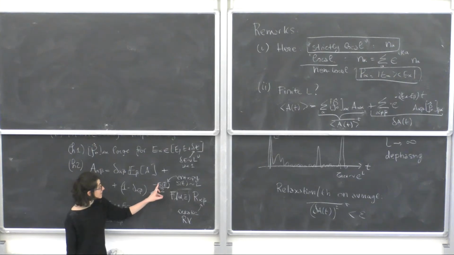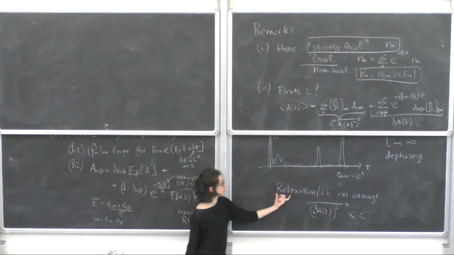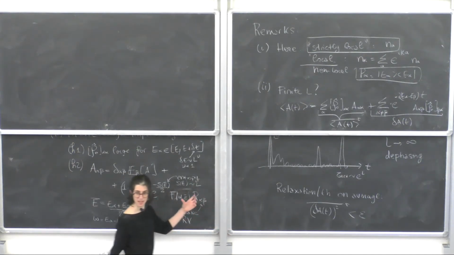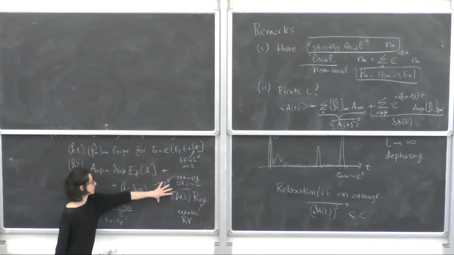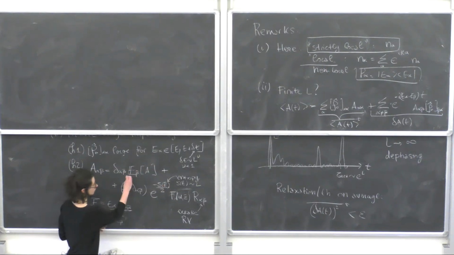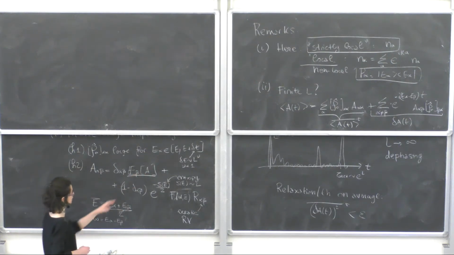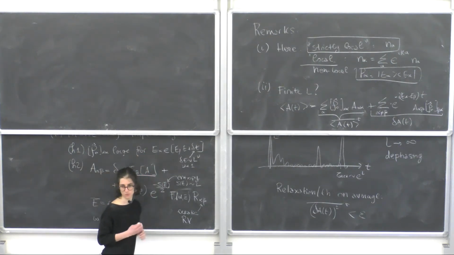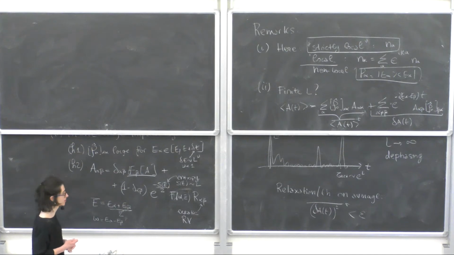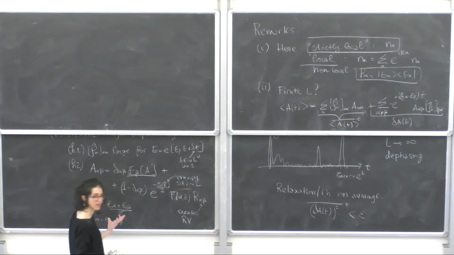But then the fact that these are suppressed extensively because you have this entropy factor is what guarantees that eventually if you take these averages, the stationary value will not be contributed by this. And then you can only focus on this diagonal. And to have thermalization, you have to impose a constraint only on this being equal to the thermal expectation value that you want.